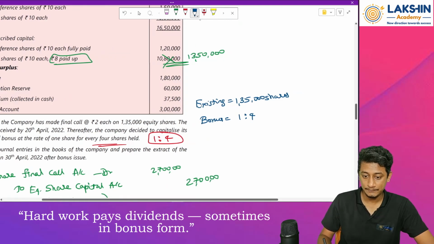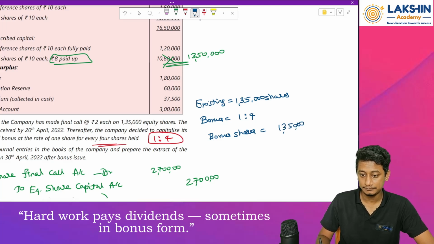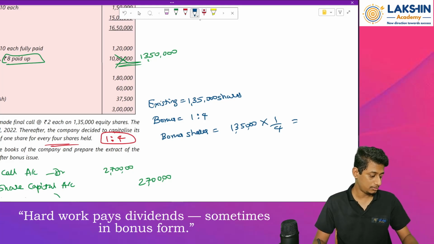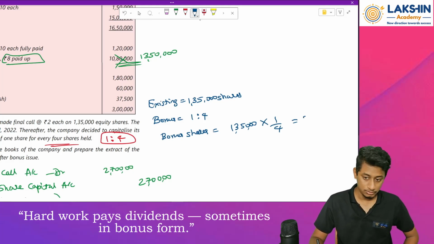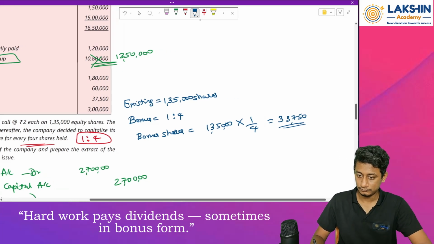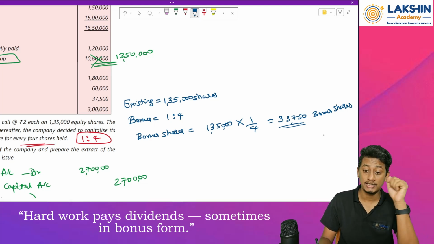That means bonus shares equal 1,35,000 into 1 by 4, which is 33,750. So 33,750 bonus shares are being issued by the company.